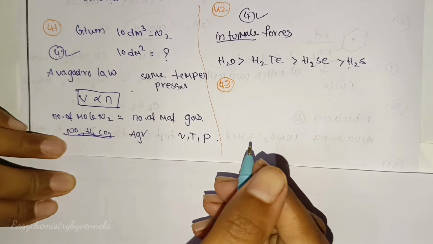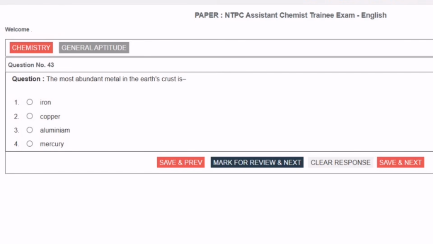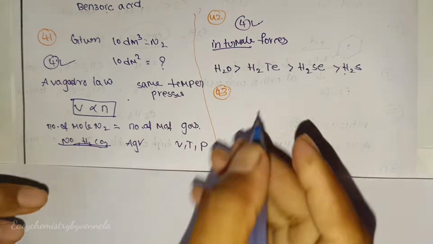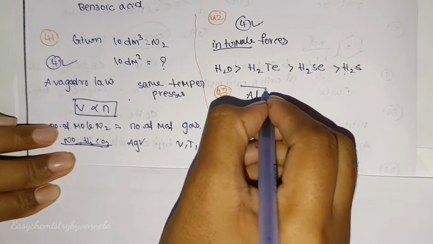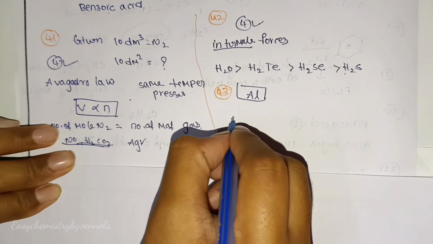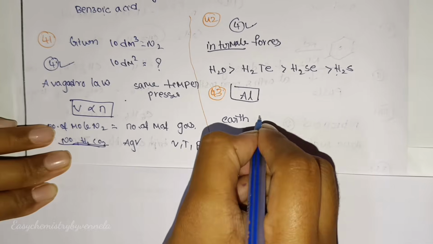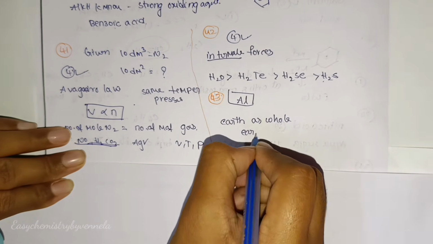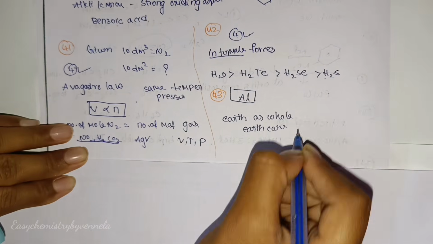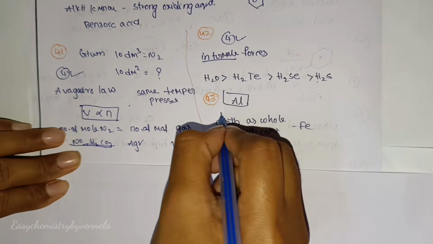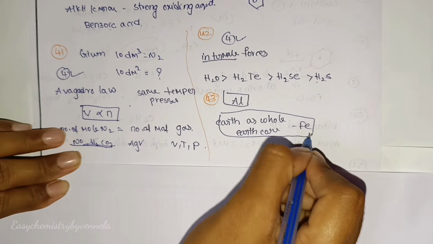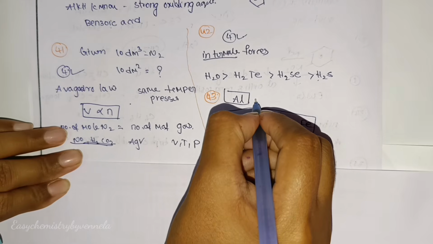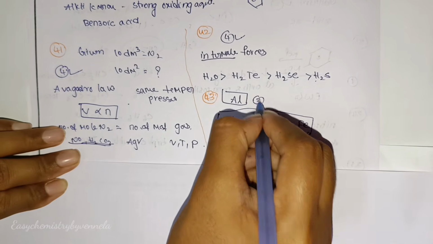Next question. The most abundant metal in the earth crust is, what is the most abundant metal? Aluminium. If they ask earth as a whole, that means earth core, what is the metal? Iron. So in this, correct option is third one.